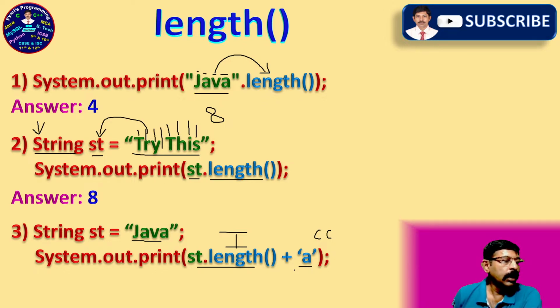101 because the length returns 4. Yes, the length is returning 4. After that, which is going to be added with the ASCII of lowercase a. What is the ASCII of lowercase a, Swagat? Acha, Rajesh has given. Lowercase a is 97. 97 plus 4. We got 101.